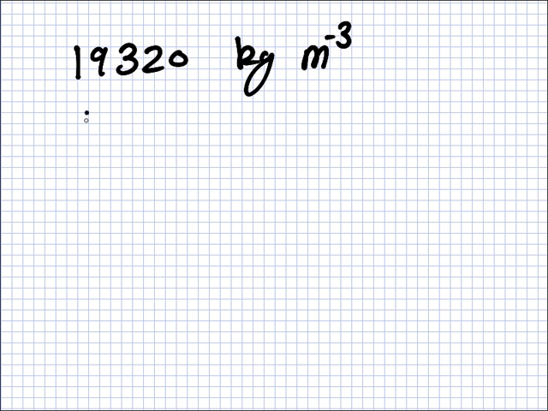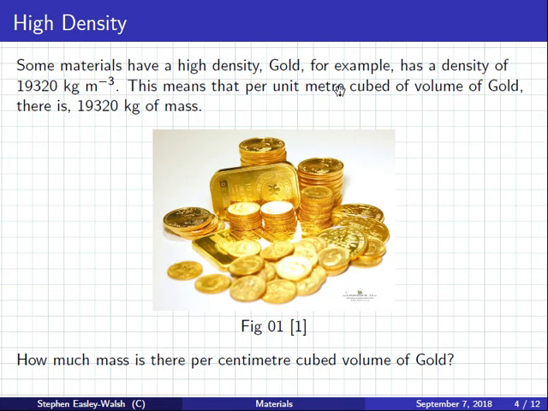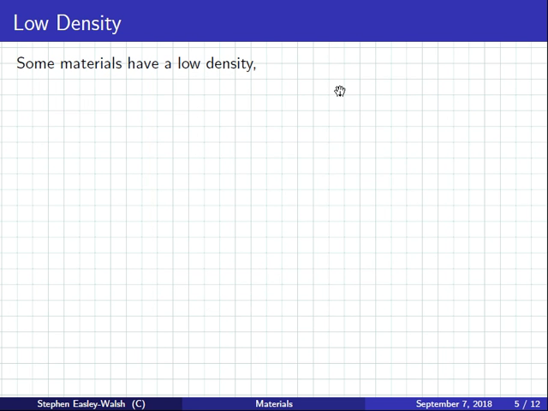This is equal to 19.32 grams per centimeter cubed. Is that okay? Are you sure? Yeah, I'm sure. Centimeter is the cm. Yes, it is.